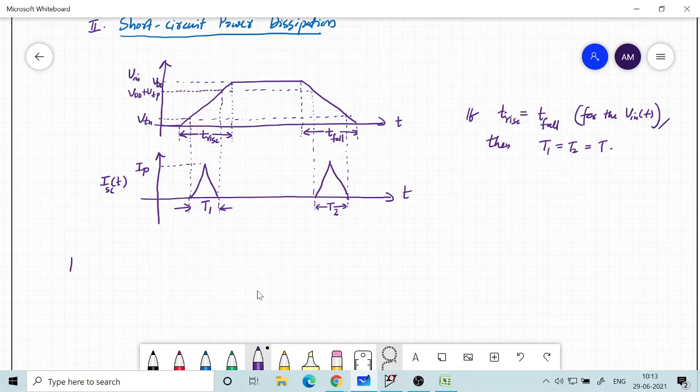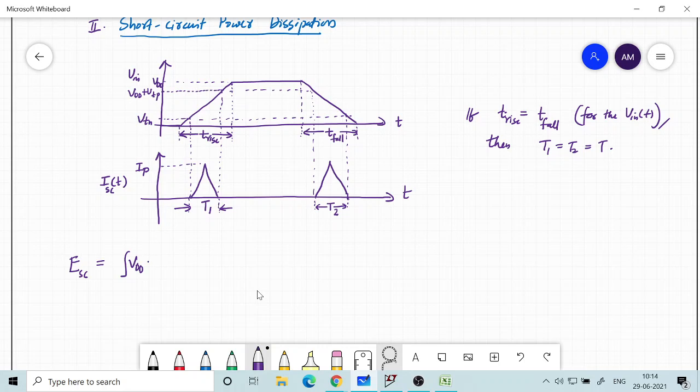So the short circuit energy is equal to the integral of VDD, that is the power supply voltage which is giving out this current.